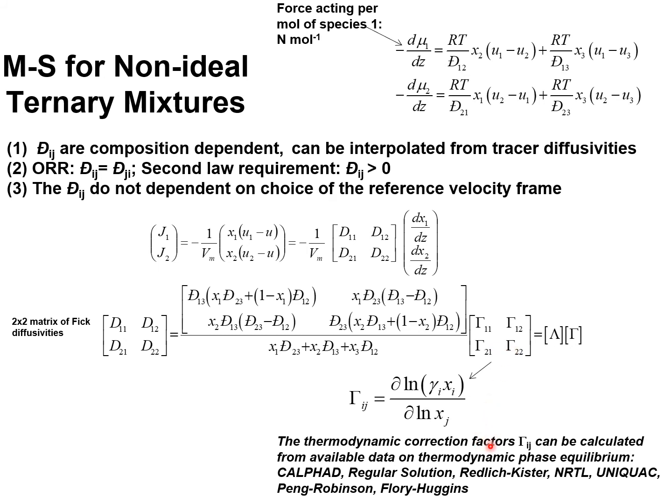The thermodynamic correction factors can be estimated from available data on thermodynamic phase equilibrium, say using the NRTL equation or the Flory-Huggins equations for polymeric systems, CALPHAD for metallic alloys.